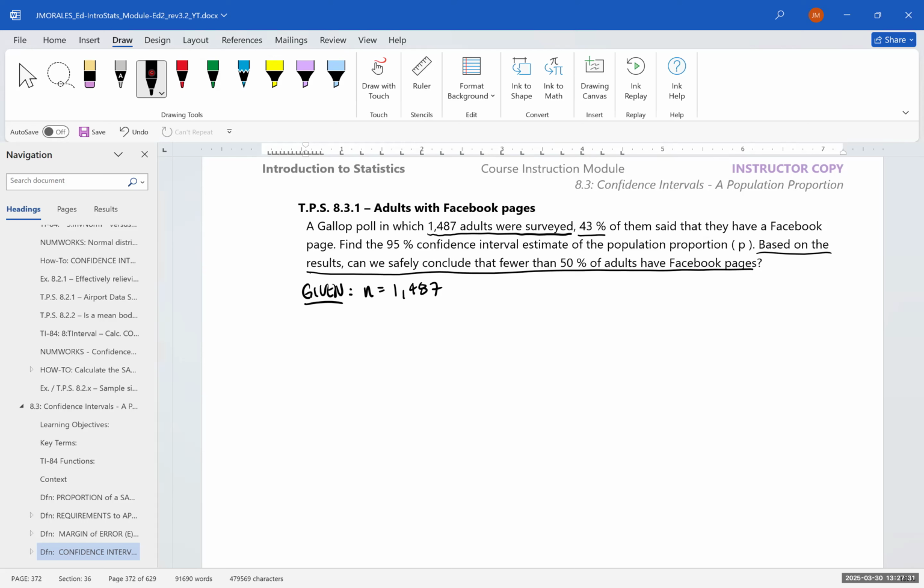Now, 43% of them said they have a Facebook page. So 43% is actually our proportion of successes. We want to write that as a fractional value, so we're going to write that as a decimal equivalent of 0.43.